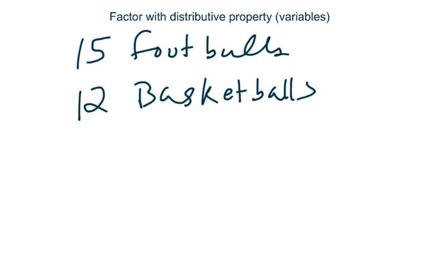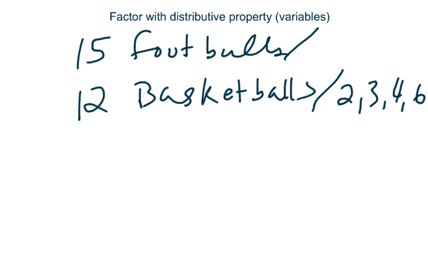And so what you have to ask yourself then is, what's the biggest number that you can divide both of those amounts by? Well, if you look at 12, you can divide it by 1, which doesn't give us much, 2, 3, 4, and 6. So the numbers that you can divide this one by are 2, 3, 4, and 6.